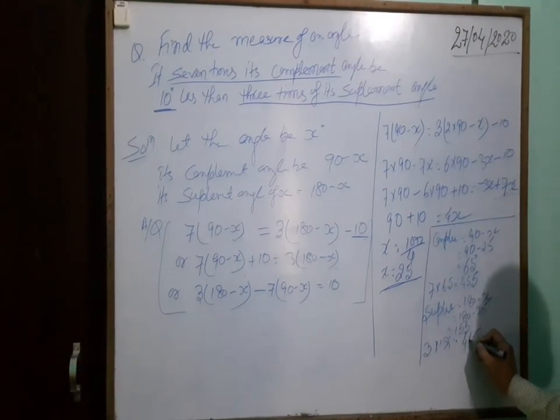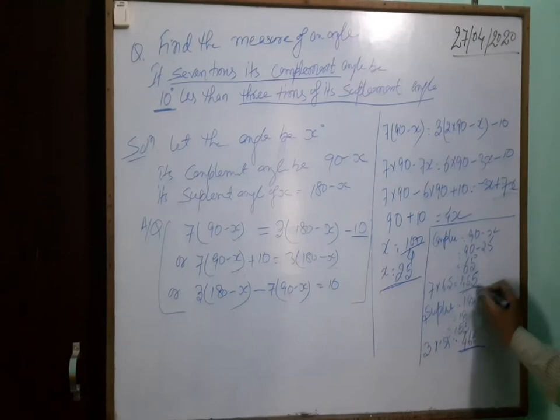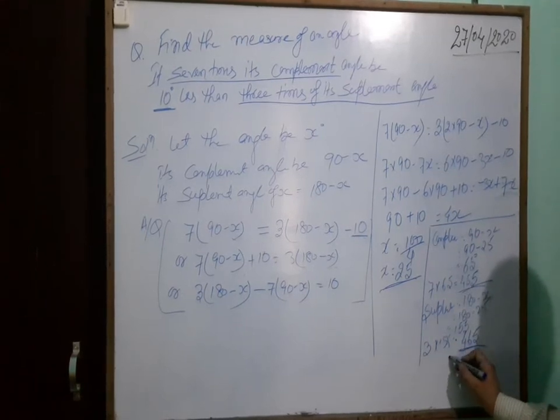So the difference between 465 and 455 is equal to 10.